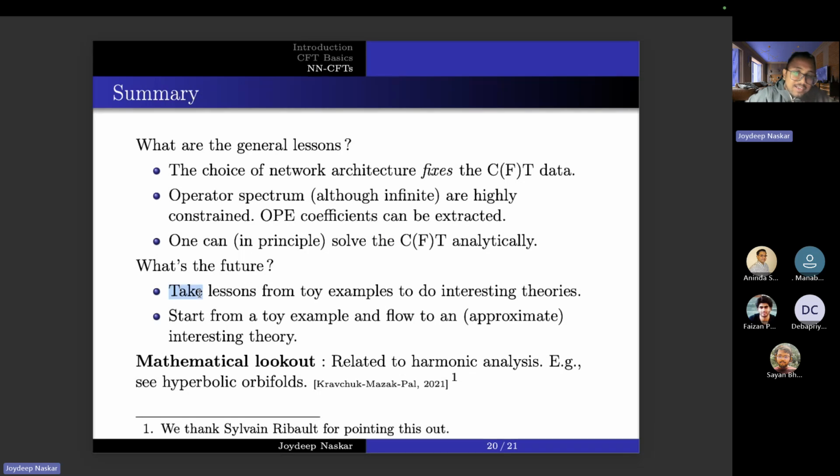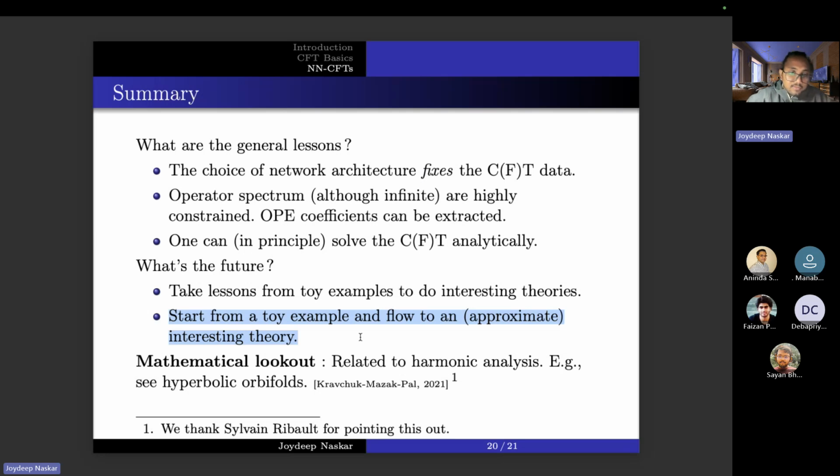The future would be to take lessons from these toy examples to do interesting theories. One thing we are working on right now is to start from a toy theory and then use neural networks themselves to flow to a more interesting theory. The hope is that this method might allow us to do things that were more difficult to do by other methods.